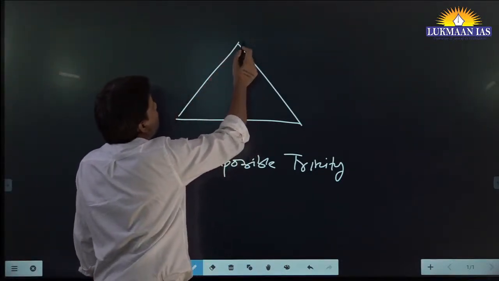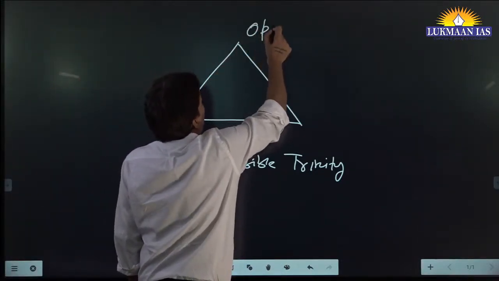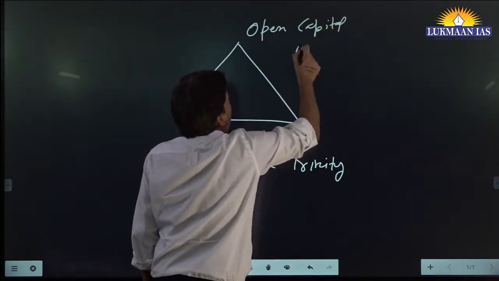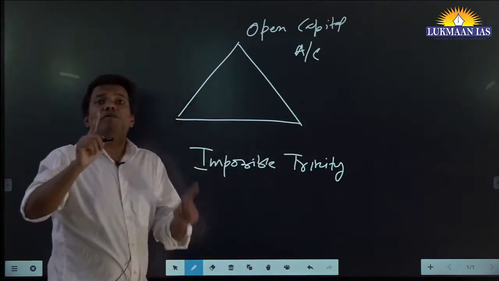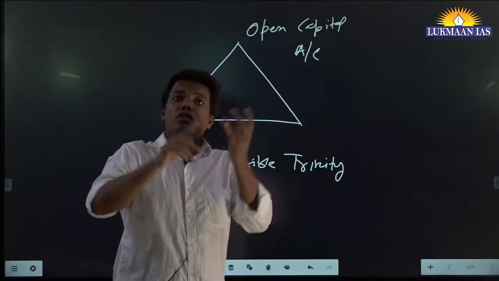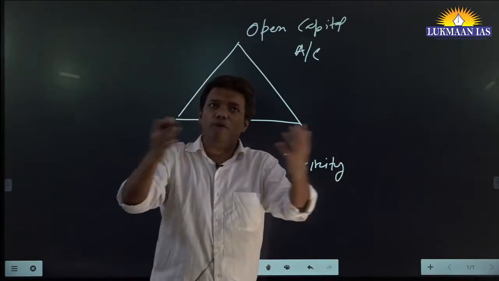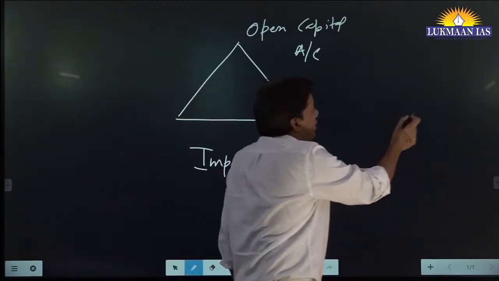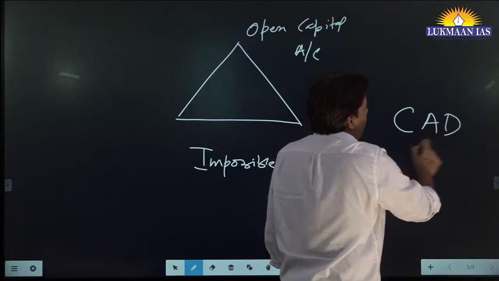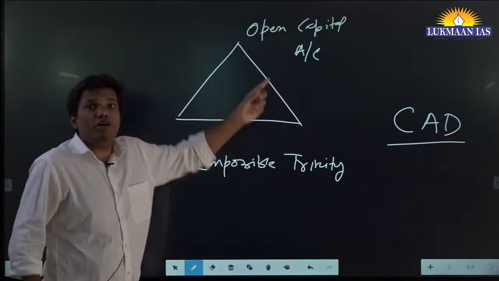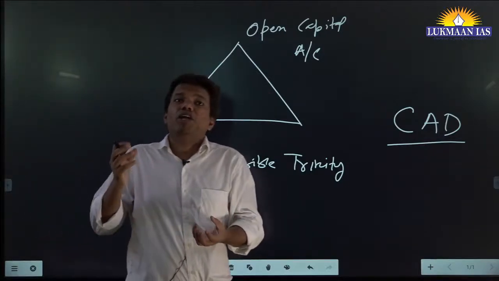It says if you have an open capital account, okay, is everyone okay with capital account and current account? In simple terms, current account is whatever you trade, export minus import. Let's say you are running a CAD, current account deficit, it simply means net exports, how much in trade. When I say capital account, it means whatever you are investing in assets.